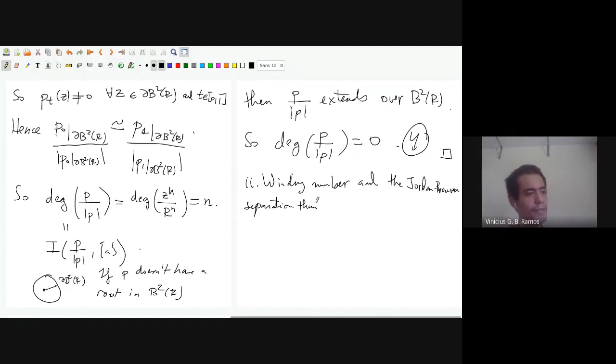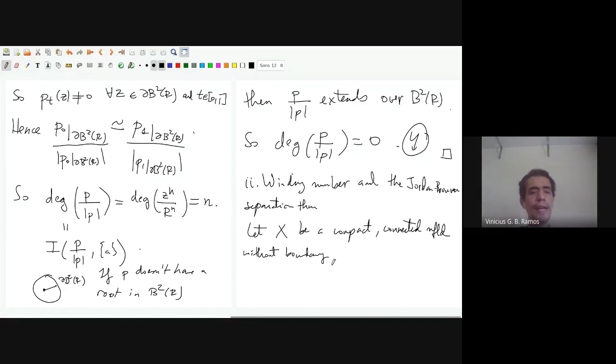Okay, so let's talk about winding number, which is basically a generalization of this idea. So let X be a compact and connected manifold without boundary. And then now you can talk about the winding number mod 2, or you can talk about the oriented winding number.